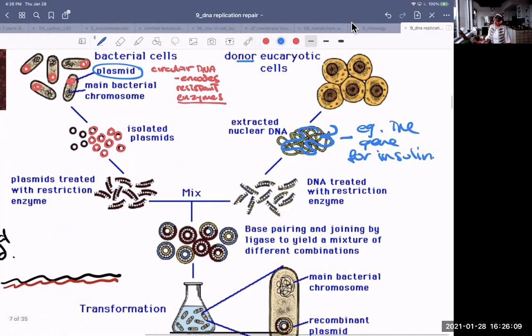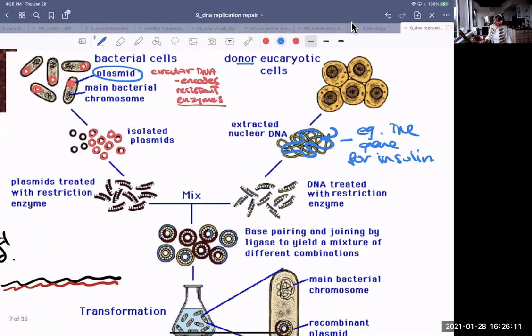And what's very interesting is that there are restriction enzymes that cut DNA at very specific sequences.